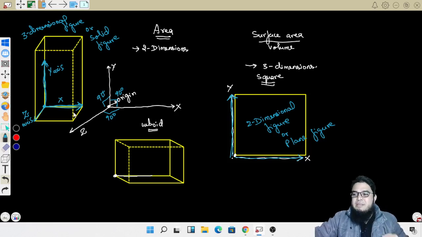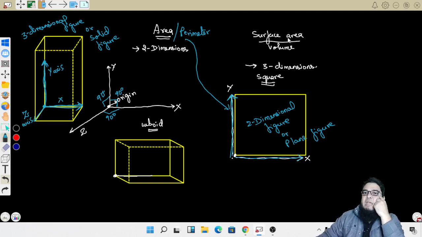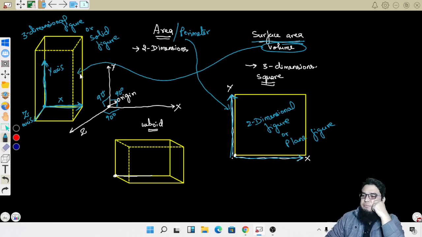So in this chapter, when you talk about area and perimeter, that will be considered for the plane figures. And if you're talking about the surface area and the volume, it is associated with the three-dimensional. Got the point? Got the concept?